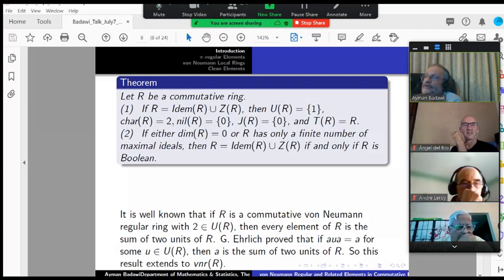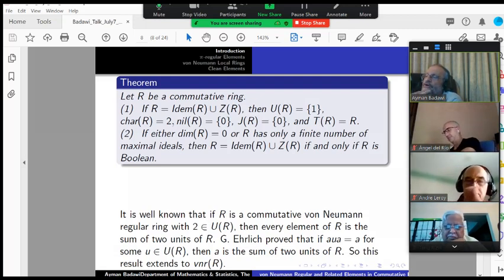That's why we have the feeling that this result should be if and only if, in a way, because Boolean rings satisfy this condition: nil of R is 0, the Jacobson radical is 0, the total quotient ring is R, the characteristic is 2.